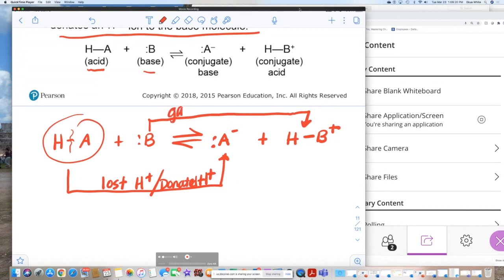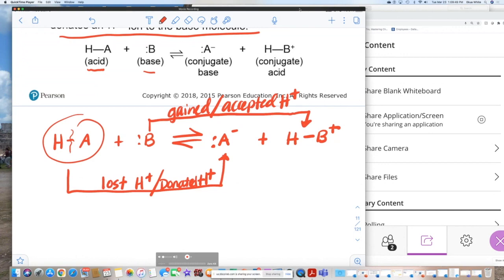This gained, or what we call accepted, H plus, because out of nowhere now it has an H plus. So when you see the big picture, the whole equation, then you can see the transformation, the evidence of acid behavior or base behavior according to Bronsted-Lowry. You got to see the hydrogen being donated. You got to see the hydrogen being accepted.